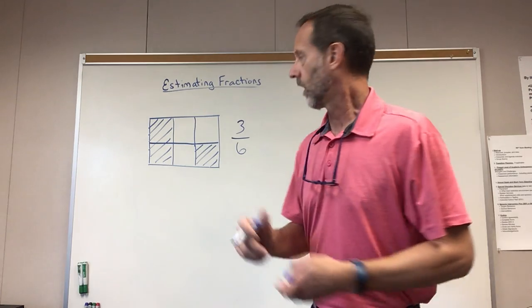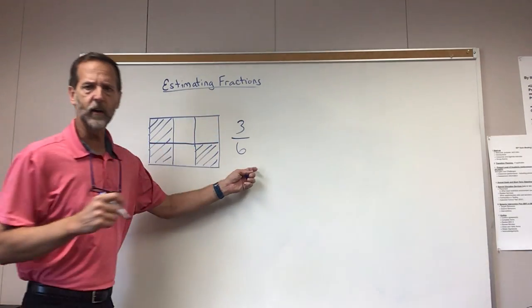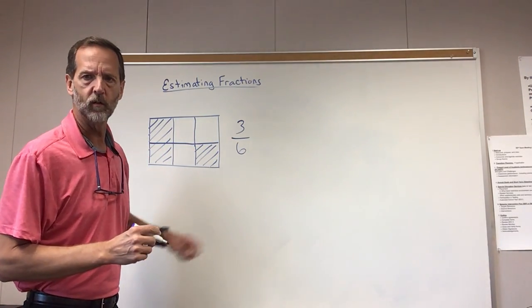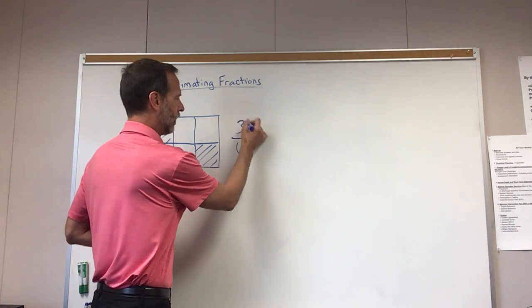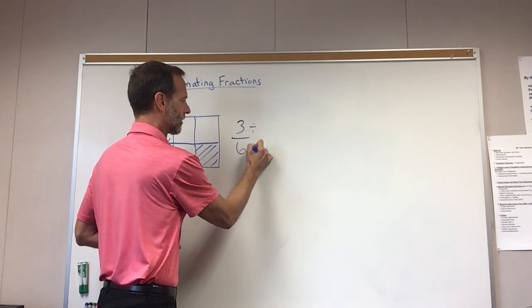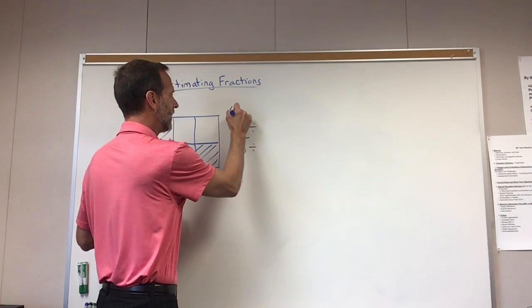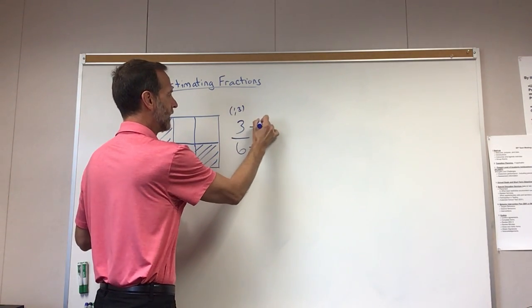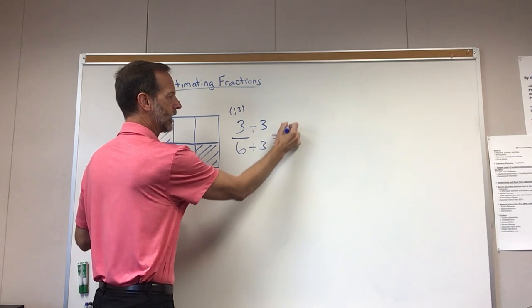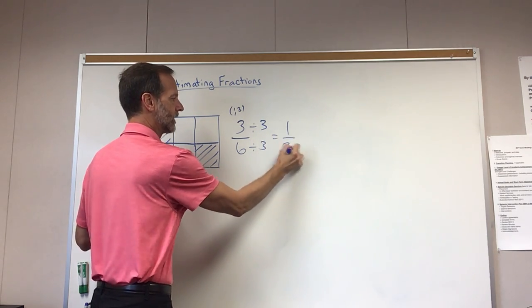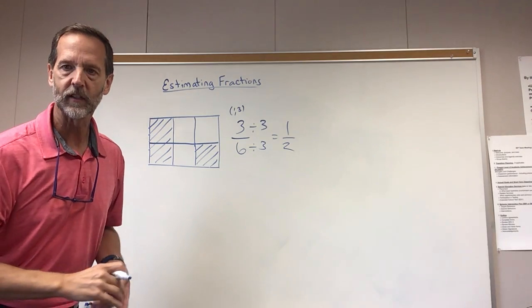Hey, if I wanted to find an equivalent fraction, what could I do? What can I divide them both by? What are the factors of 3? 1 times 3. So I'm going to divide these by 3. 3 divided by 3 is 1. 6 divided by 3 is 2. Half of that is shaded.